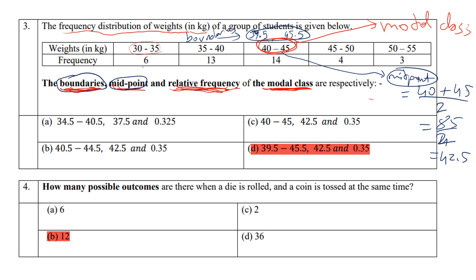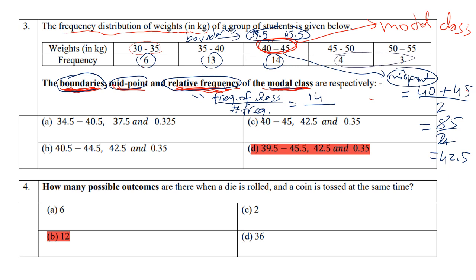And the relative frequency. The relative frequency is equal to the frequency of the class divided by the total frequency. Now we are interested in finding the relative frequency of the model class, so it will be 14 divided by the total. So the total is 6, 13, 24, it makes 33.